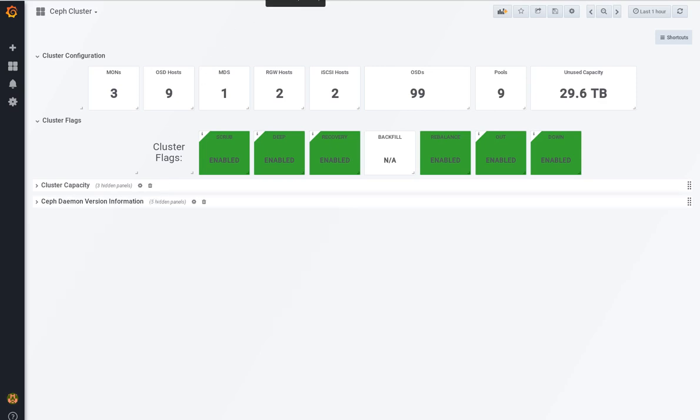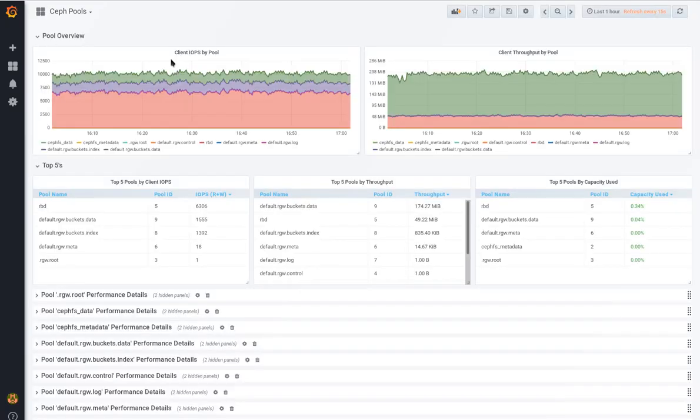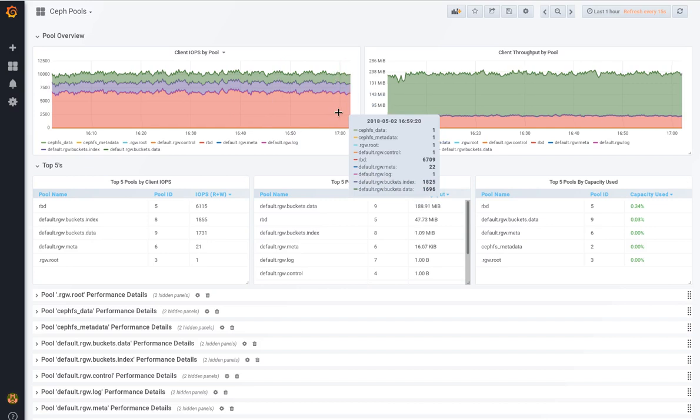So that's our clusters. Then if we want to look at pools, we've seen at a glance that we've got client IOPS. How do those client IOPS actually break down into the number of pools, those 9 pools that we also showed? So we can see here we've got client IOPS by pool. Hover over it, we can see that the RBD pool is tracking the bulk of the I/O.